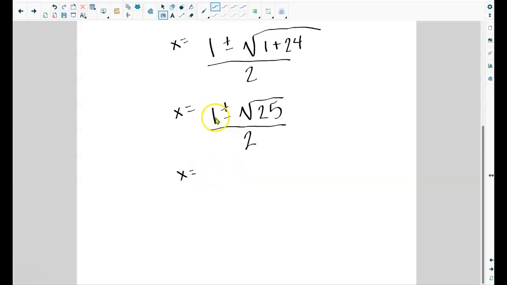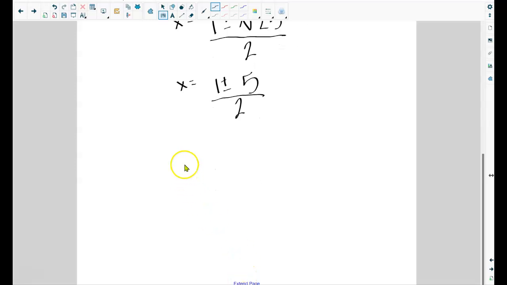Now here, real important is 1 plus or minus the square root of 25. Some of you, that's easy. Some of you will need to go a little slow, which is fine. It's going to help you for this whole CBA 5. We're now in this situation, and we've got x equals 1 plus 5 over 2, and 1 minus 5 over 2.